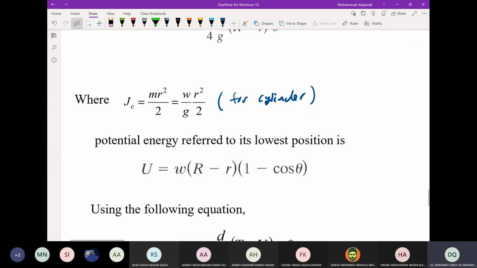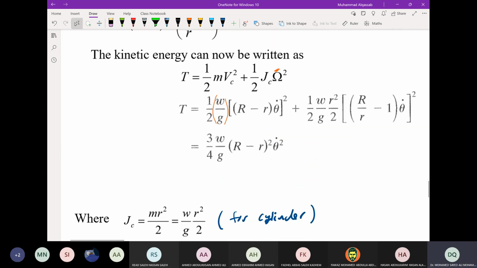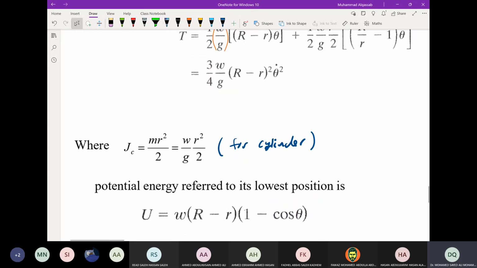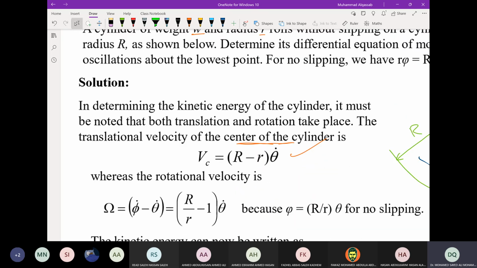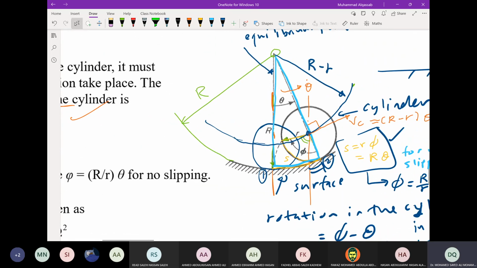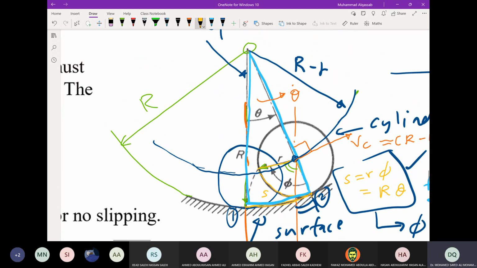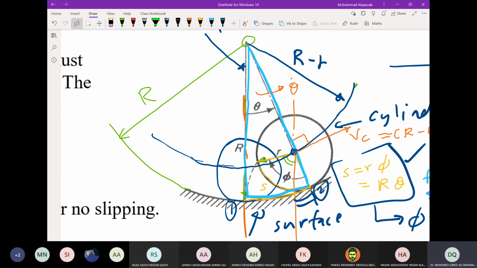Now, regarding the potential energy, we don't have a spring here, so there will be only the work and potential energy due to the weight, due to gravity. In this case, we need to take a datum. Work is the change in potential energy.